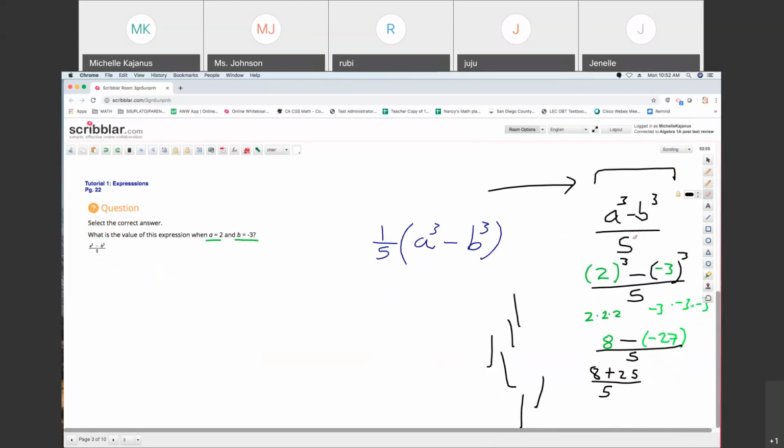And 27 plus 8 is 35. 35 divided by 5 is 7.